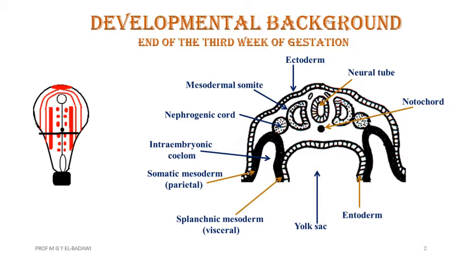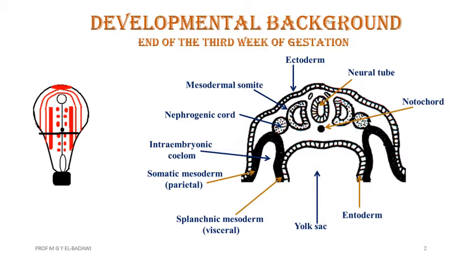Those parts, which are the ectoderm and the somatic mesoderm, would be supplied by somatic nerves, while the inner ones, the splanchnic mesoderm and the endoderm, any structures developing from these two parts will be the visceral part.